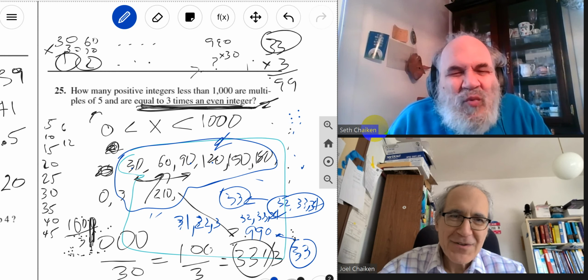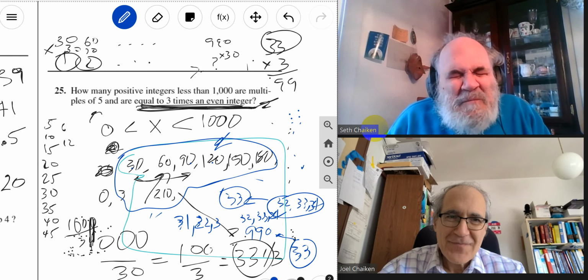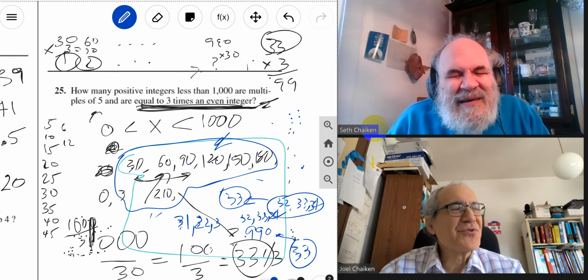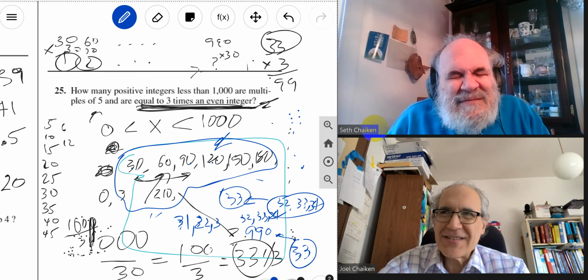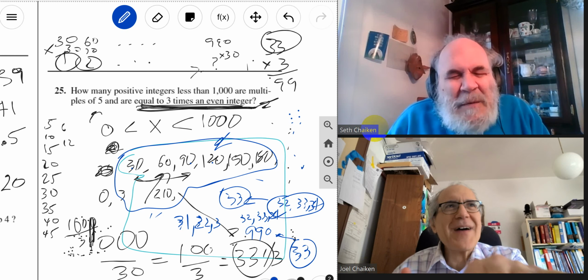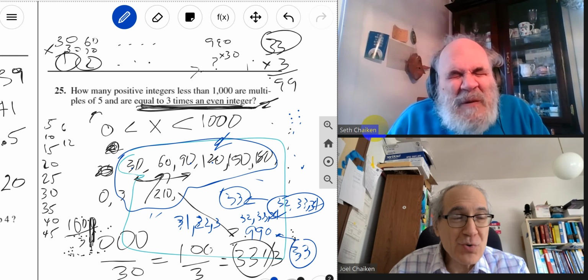How about between 1 and 70? Well, you go down to 60 and you divide by 30. 60 divided by 30 is 2. So there the answer will be 2.